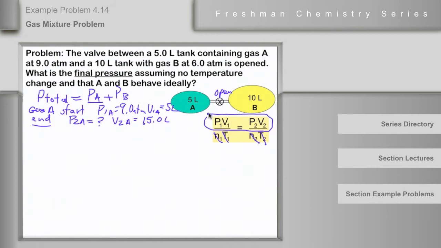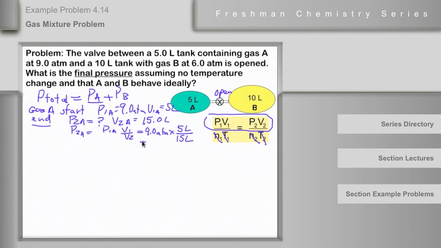We solve this for P2 of A. P2 of A is equal to P1 of A times V1 over V2, right? And so P1 of A is 9 atmospheres times V1, which is 5 liters, and V2 is 15 liters.